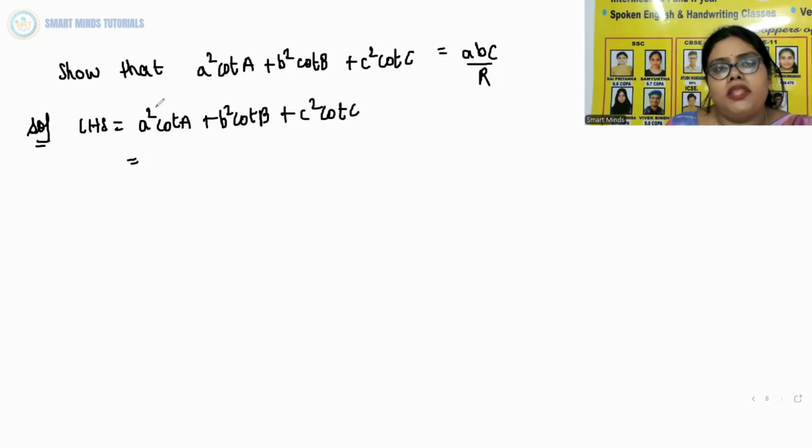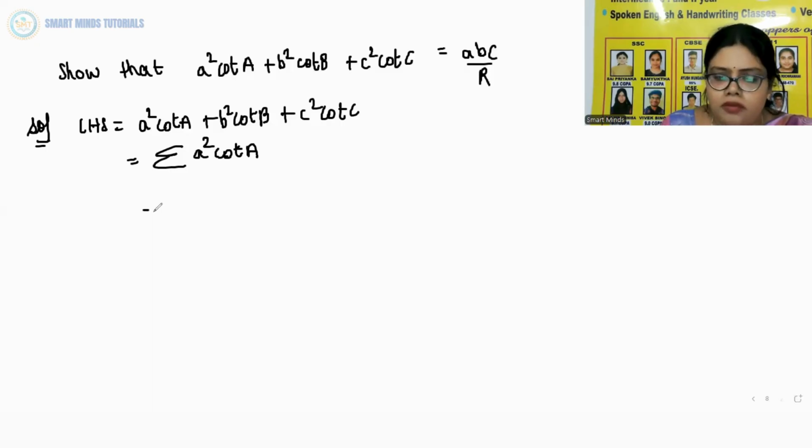Where you have A in the first term, there you have B in the second term, and there you have C in the third term. So this can be generalized as sigma a square cot A. So let us solve for a square cot A, and then we will apply it for all the three terms.